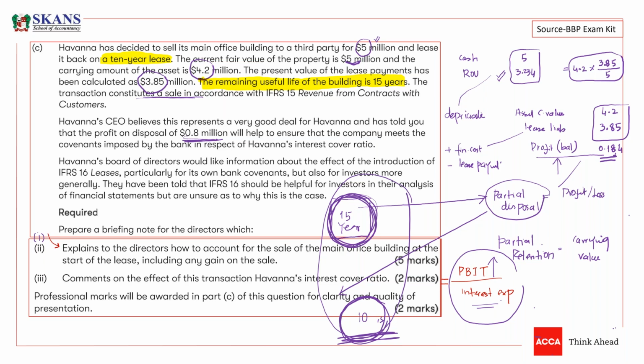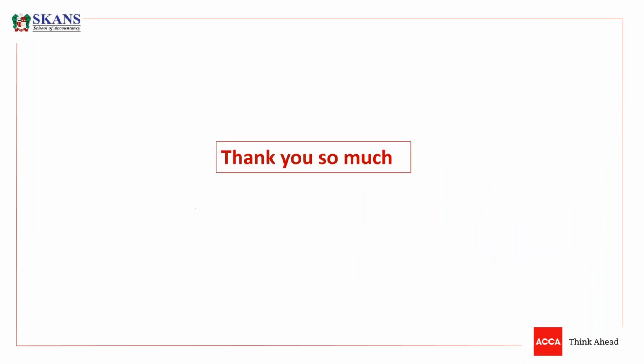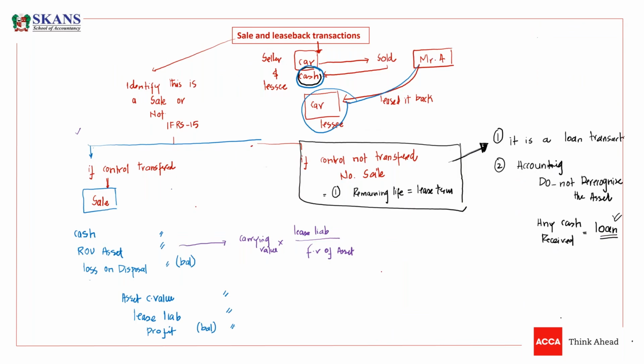Now, guys, I'm going to repeat this same transaction if the asset is not being sold at fair value. So what would be the formula if sold at less than fair value?